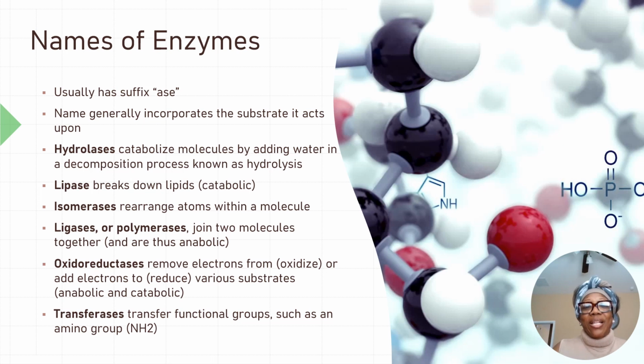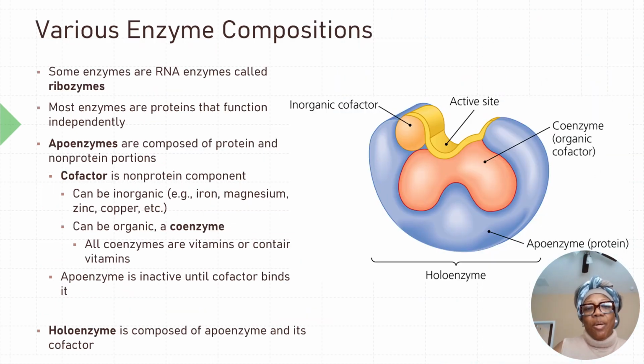So again, there are hints within the name of an enzyme as to either what it works on or how it works. So I mentioned a couple of slides back that some enzymes are RNA enzymes, and those are called ribozymes. So enzymes that are composed of RNA are called ribozymes.